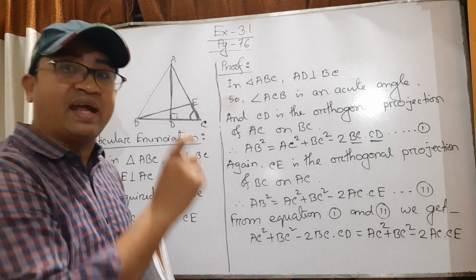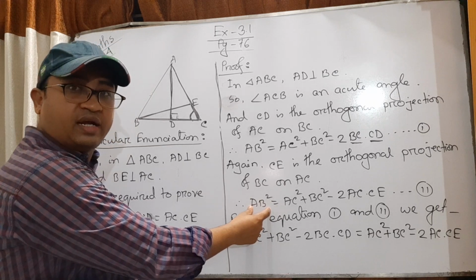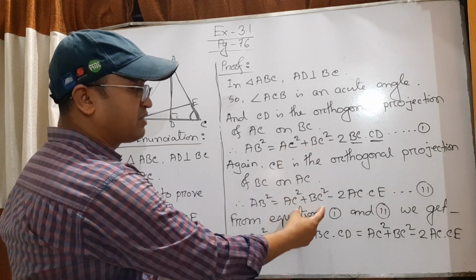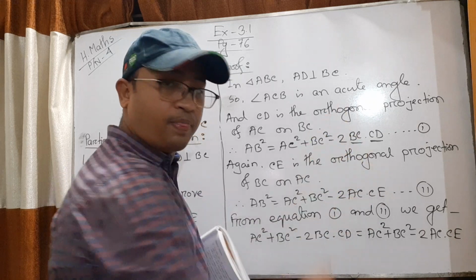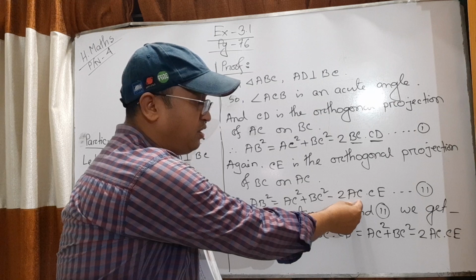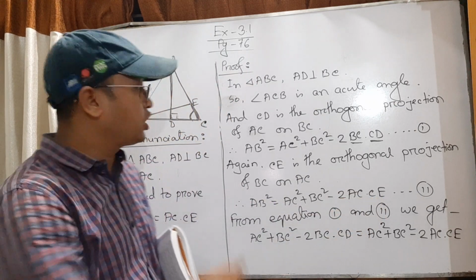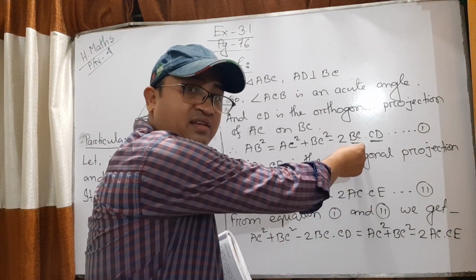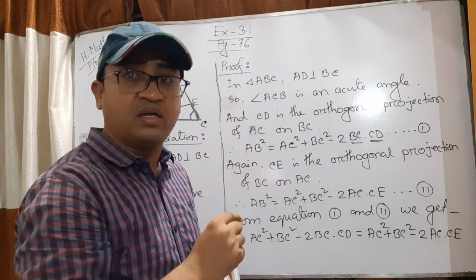So we can write the theorem again like this: AB square, the opposite side of the acute angle, equals AC square plus BC square minus 2 into AC into CE. Here we consider AC as length and CE, the orthogonal projection of BC, as breadth. Earlier we considered BC as length and the orthogonal projection of AC as breadth.